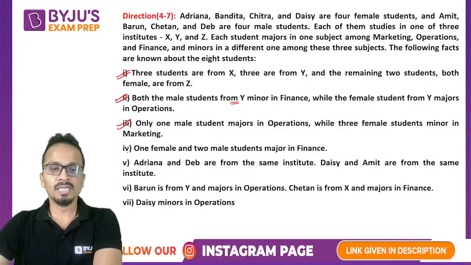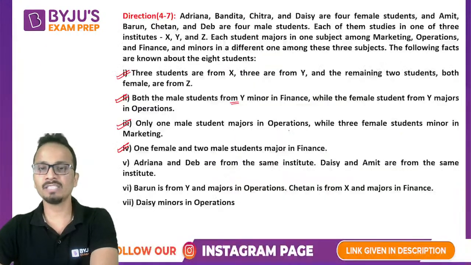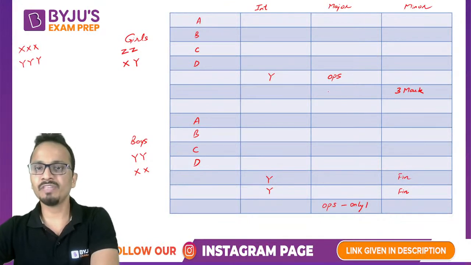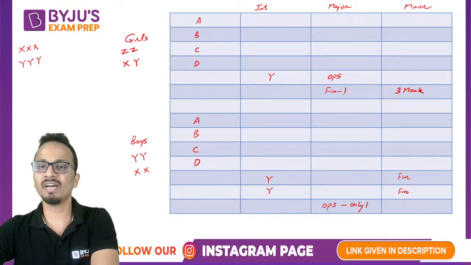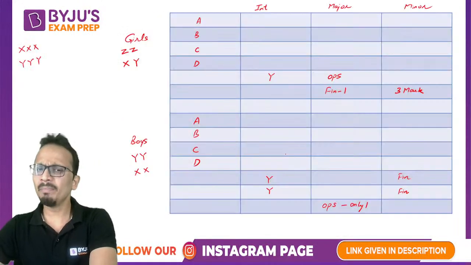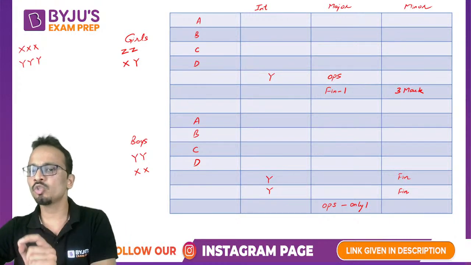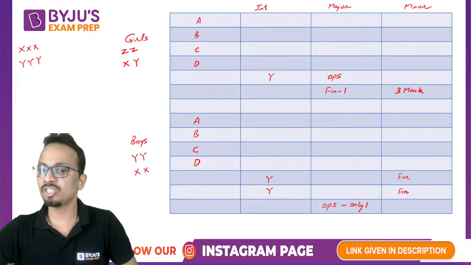Okay. Now let's move on to the next statement. Statement number 4. One female and 2 male major in finance. So finance, there will be one female, okay, and 2 male major in finance. अब 2 male major in finance है, so obviously the 2 male students who minor in finance cannot be major in finance.